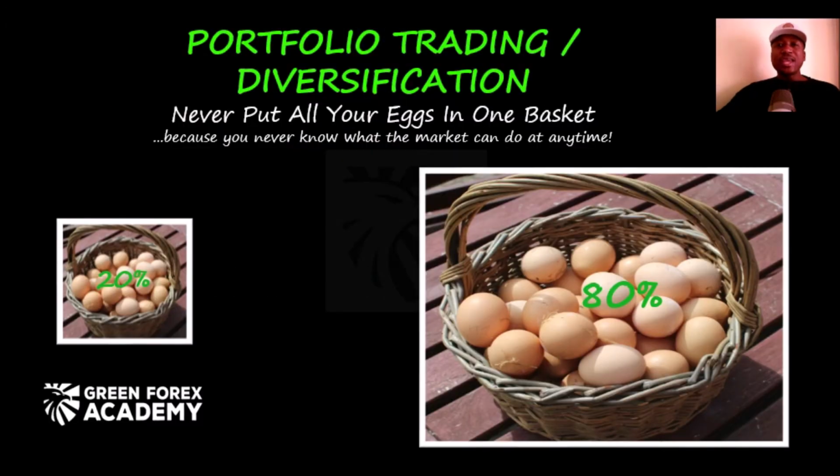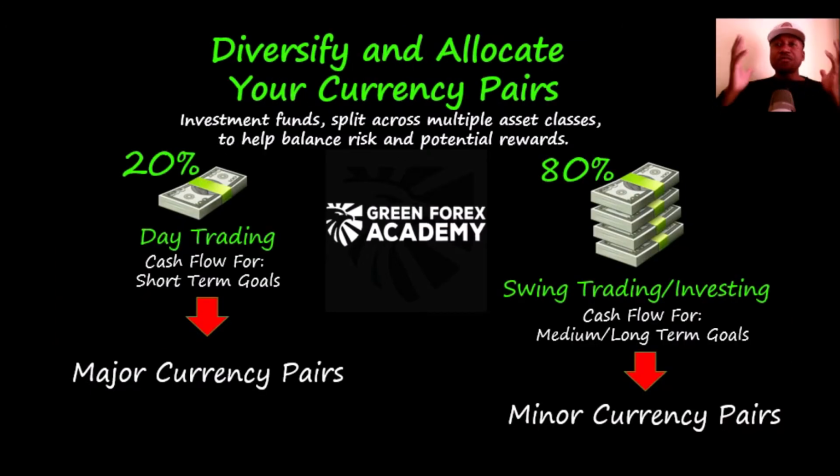There is a saying that never put all your eggs in one basket, because you never know what the market can do at any time. Diversify and allocate your currency pairs, investment funds split across multiple asset classes to help balance risks and potential reward.